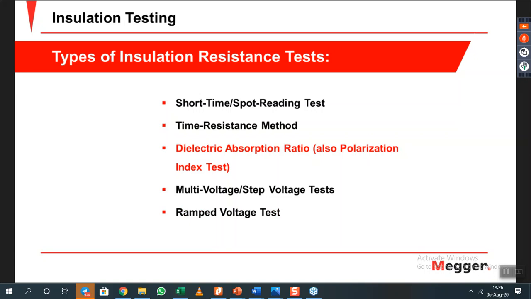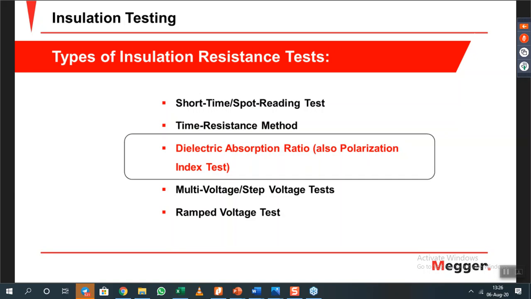So for example, if at a certain test voltage your resistance reading gets so much lower, that means the insulation is having a problem or is voltage dependent. Okay? But again, like I've said, we will be talking more about the dielectric absorption ratio.